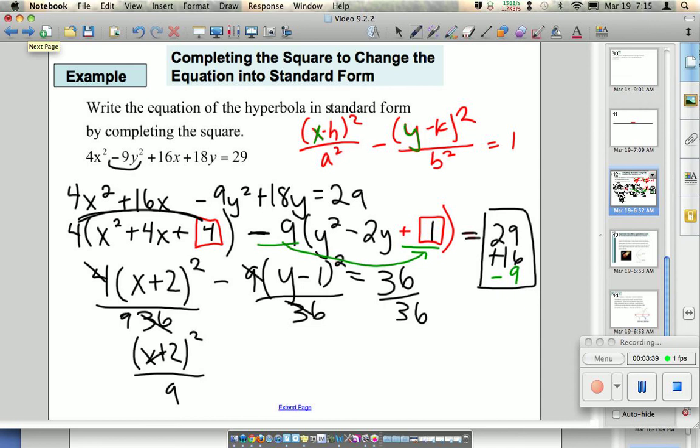And it's similar over here, but instead it'll create a 4. Equals 1. So there you have it. There's your hyperbola in standard form, so we can graph it and talk about things like foci and intercepts and so on. So let's take a look at the next example.